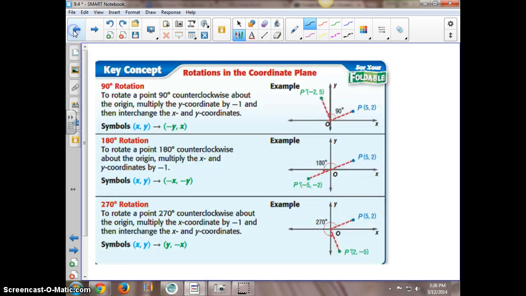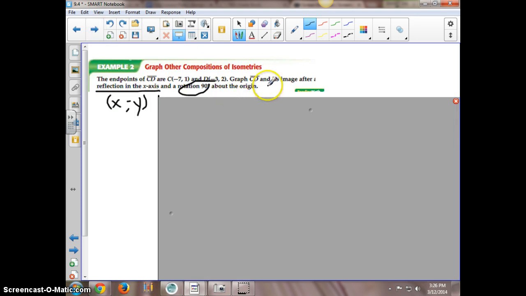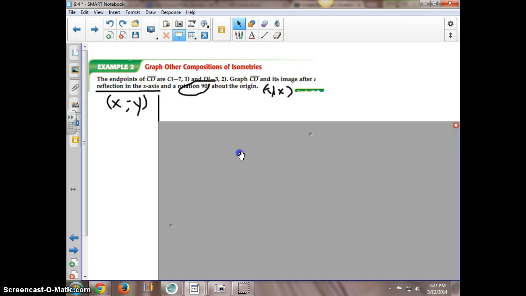So I'm keeping this rule in mind, opposite y, x. So again, I like to write out my new ordered pairs first for each independent transformation, and then graph all 3. So let's do that here.